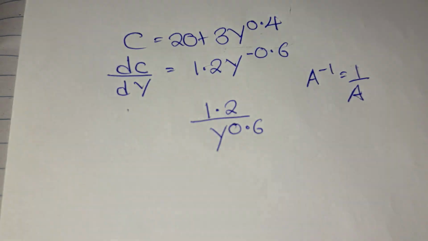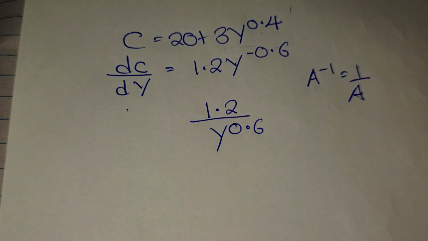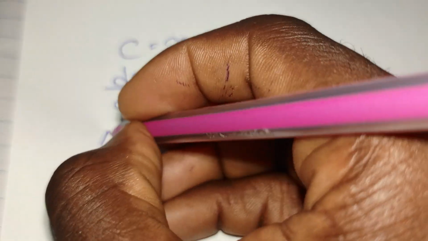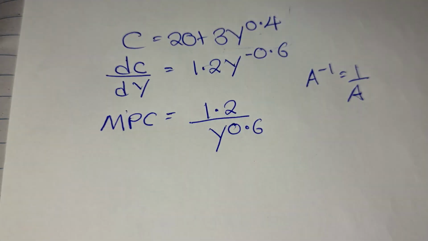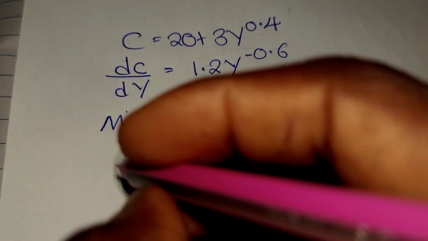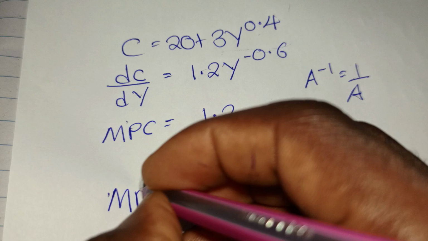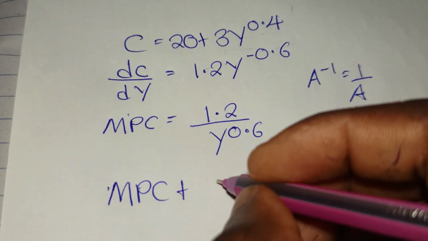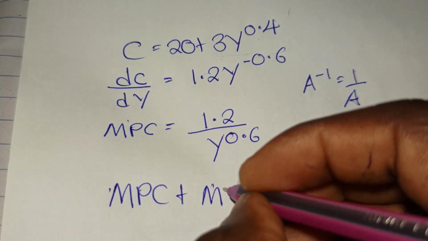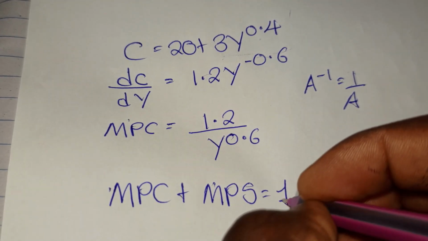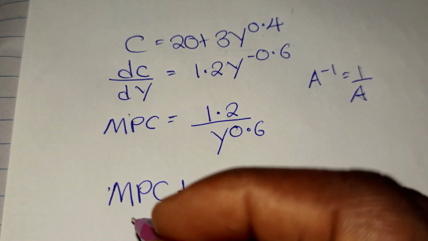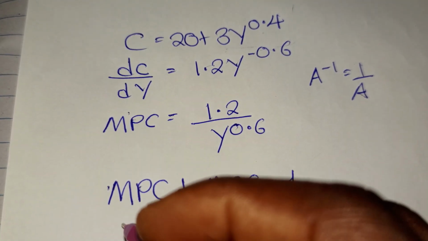Remember, the derivative of consumption over the derivative of income gives us the marginal propensity to consume. For you to find the marginal propensity to save, we know that marginal propensity to consume plus marginal propensity to save is equal to 1, where the marginal propensity to consume is what we have just found.